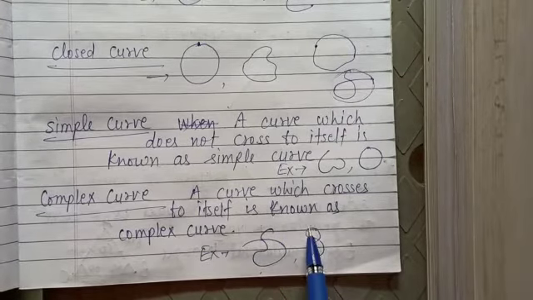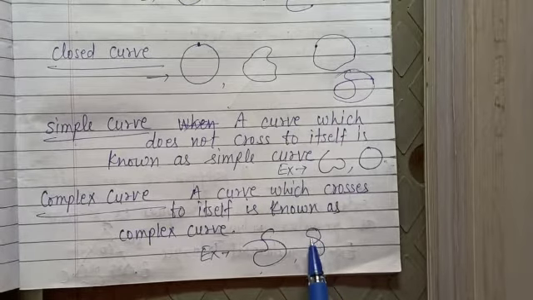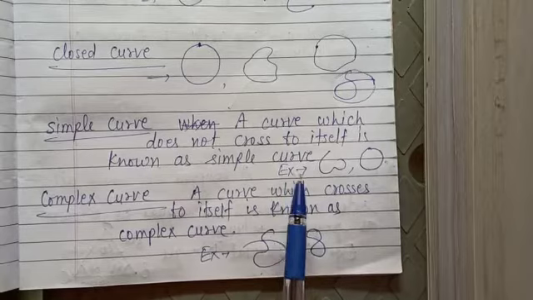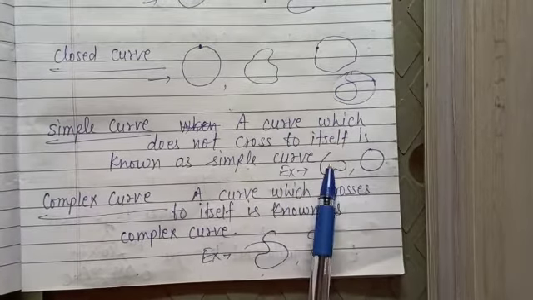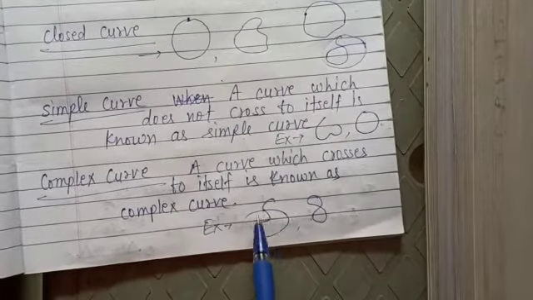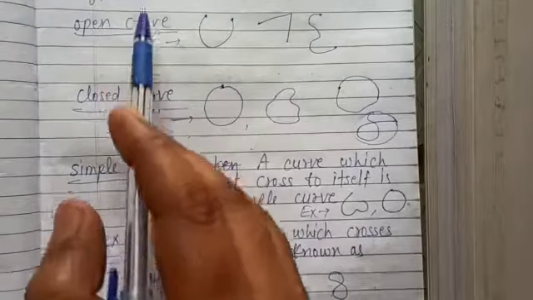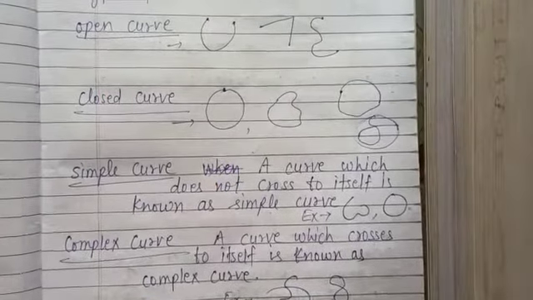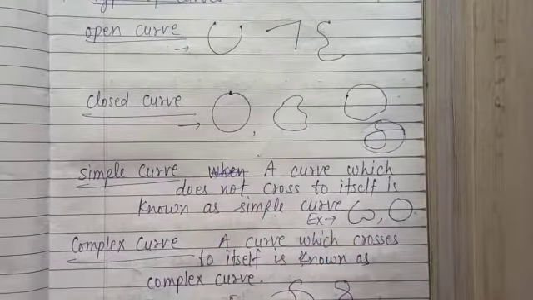This one also, as you can see, it crosses from this point, so this will be a complex curve. So this is the difference between simple curve and complex curve. Remember this, simple curve does not cross itself, whereas complex curve crosses itself. So these are the 4 types of curves we have: open curve, closed curve, simple curve and complex curve.